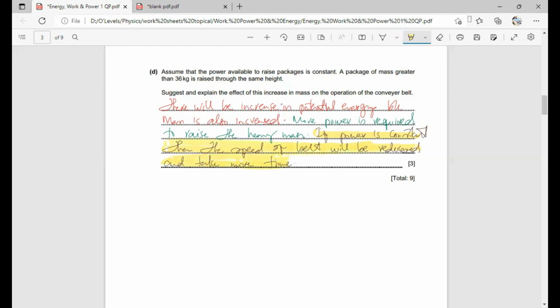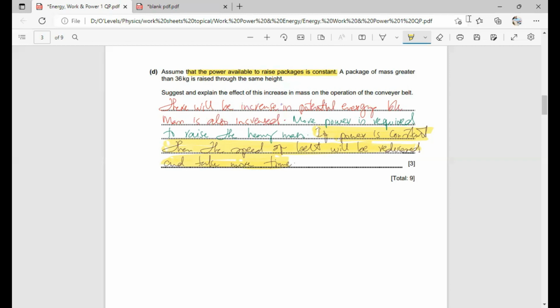For heavy mass we actually need a more powerful motor, but in this question the power is constant, so it will affect the speed of the belt.